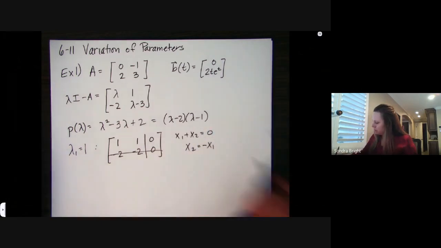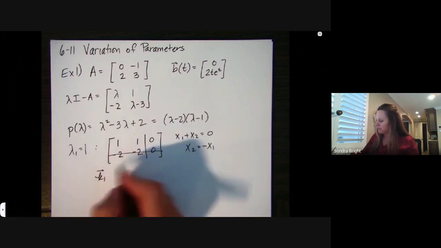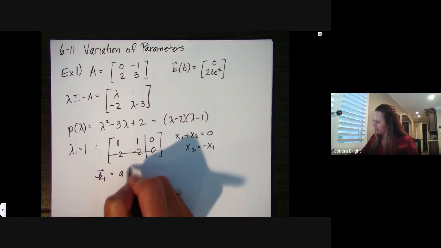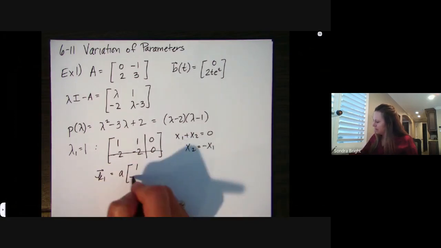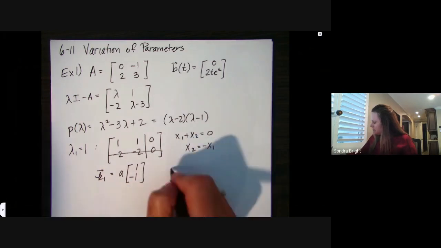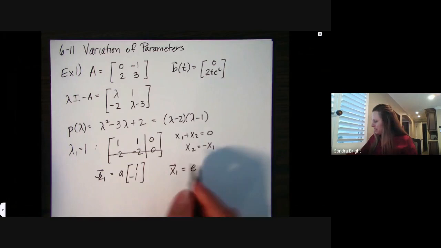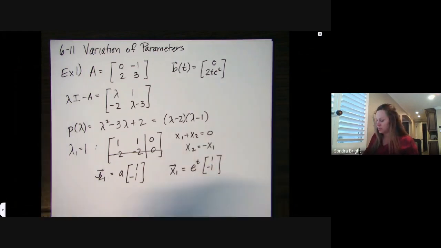If I let x1 equal a, then x2 would be negative a. So my first solution is e to the 1 times t times its eigenvector. All right, so there's one solution.